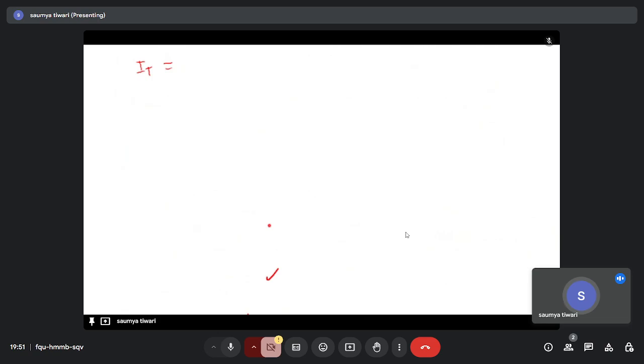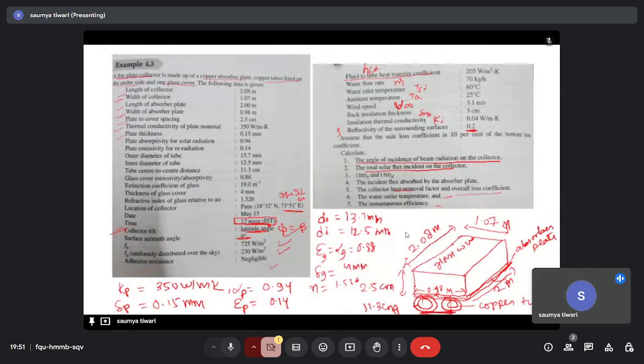Your collector flux will be IB RB plus ID RD plus (IB plus ID) into RR. So we'll put all the values. Beam radiation was 725 and diffuse was 230.